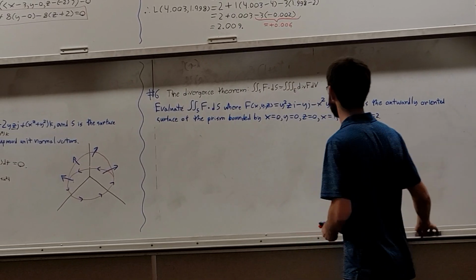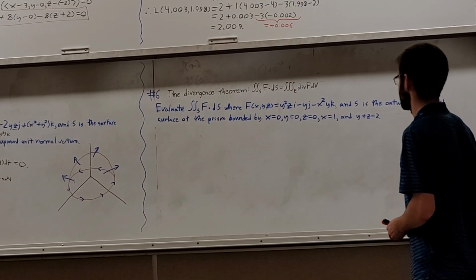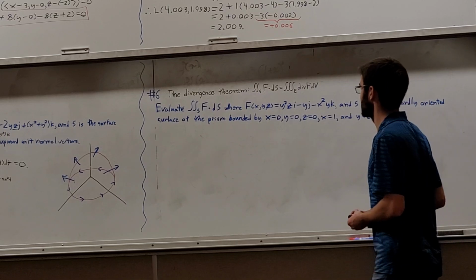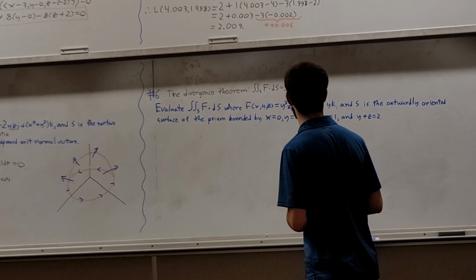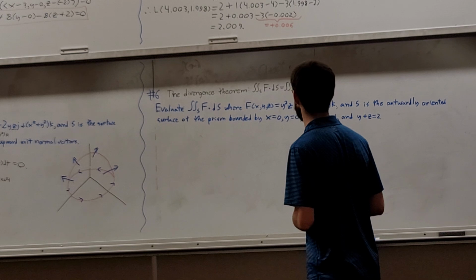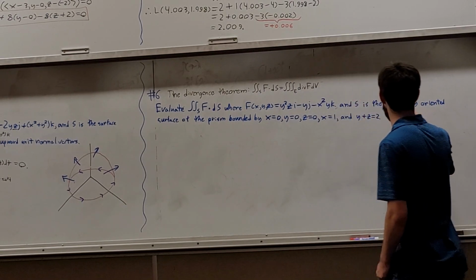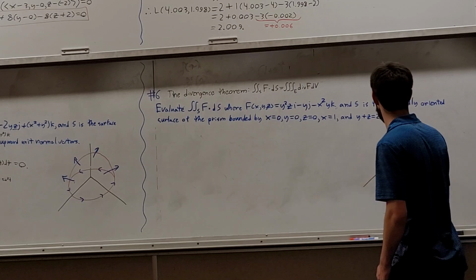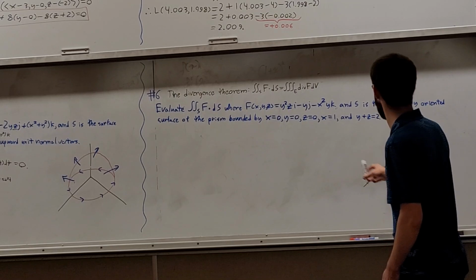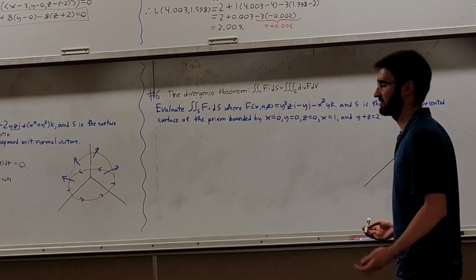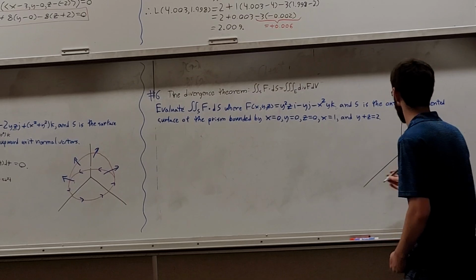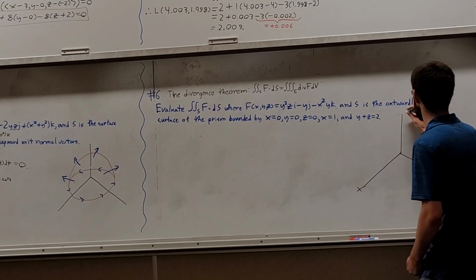Okay, so for this one, we're using the divergence theorem. Our region is a prism, given by those. Just for reference, we'll do a drawing of it. We have x equals 0, which in the context of R3 is a plane. So this is x, this is y, this is z.